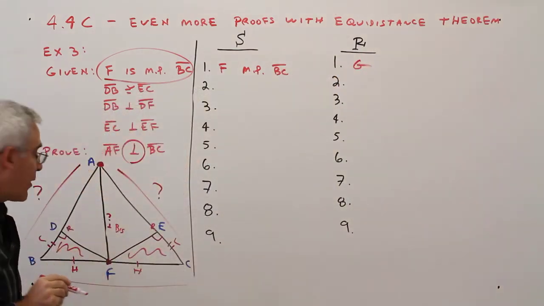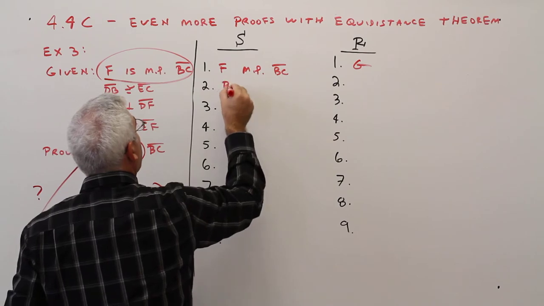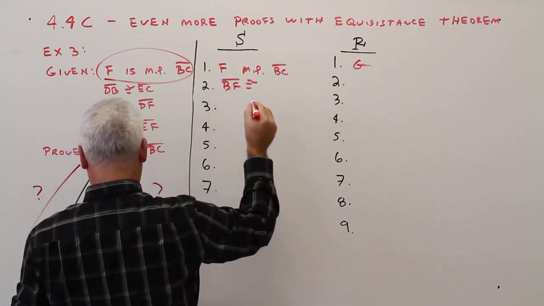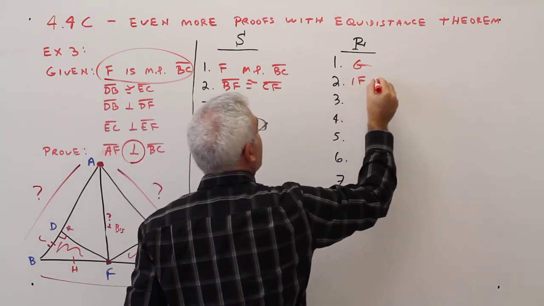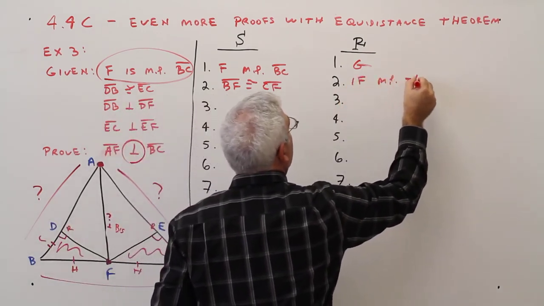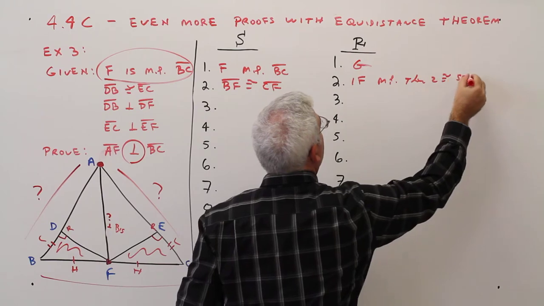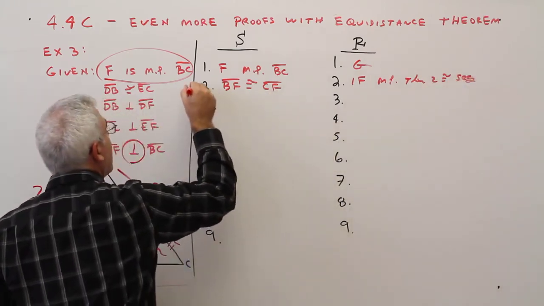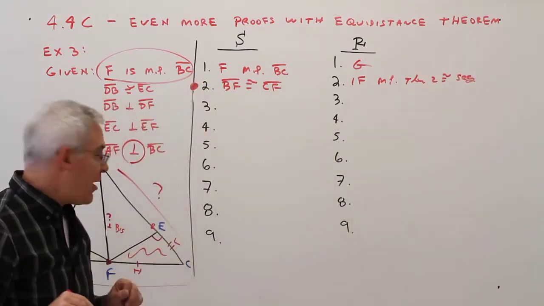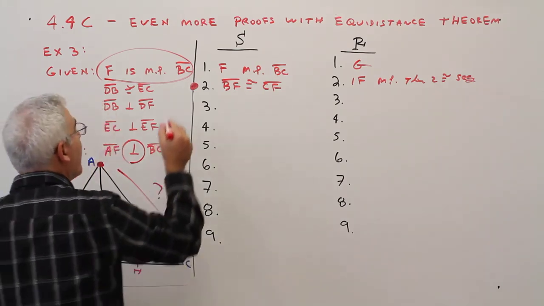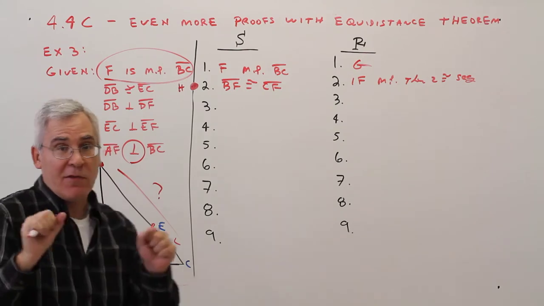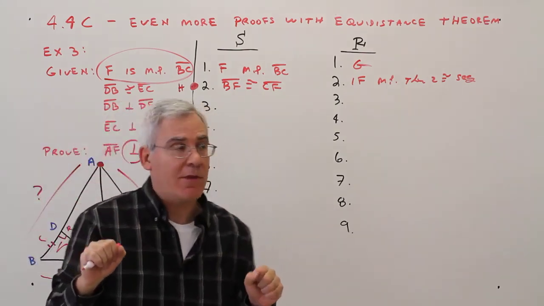From that, I'm going to get the congruences. BF congruent to CF. If midpoint, then two congruent segments. So that is also one of my equidistant points, and also it is the hypotenuse. So that's got a double importance, that step right there.